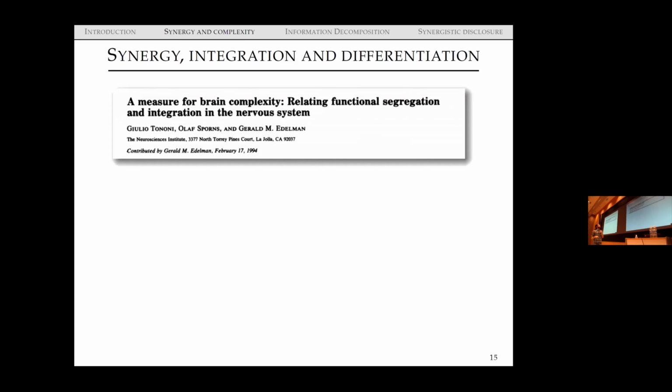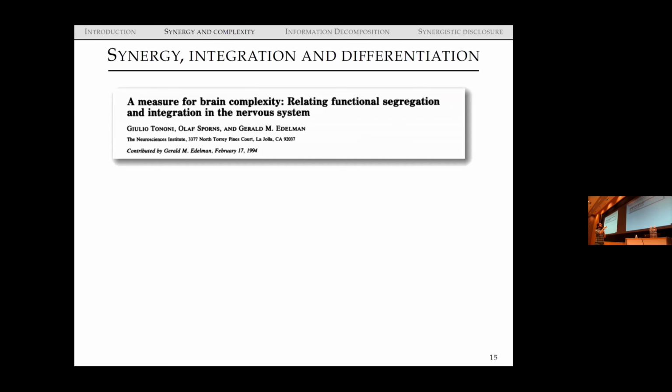Now that we have introduced this broad measure of redundancy and synergy, I think it's useful to compare it with some other measures that have been proposed, especially in the neuroscience literature. I really like this old paper from 1994 by Tononi, Sporns, and Edelman. I think it's quite seminal, one of the first few papers to start bringing a lot of the ideas from complexity science into consciousness research and theoretical neuroscience.